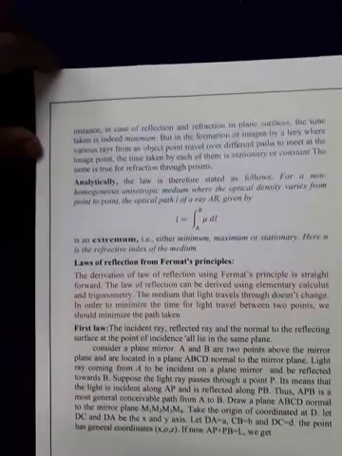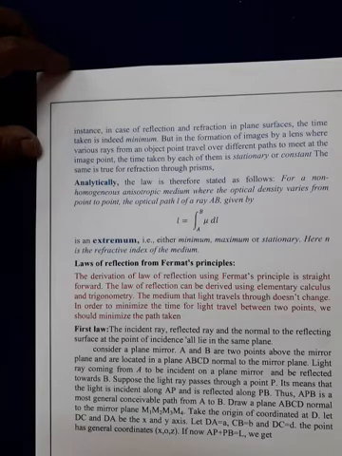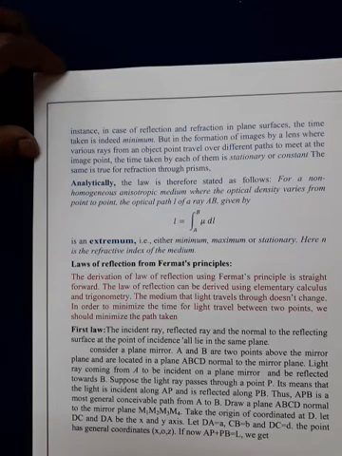For instance, in case of reflection and refraction in plane surfaces, the time taken is indeed minimum. But in the formation of images by a lens, where various rays from an object point travel over different paths to meet at the image point, the time taken by each of them is stationary or constant.